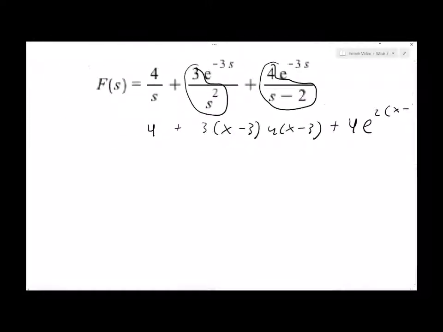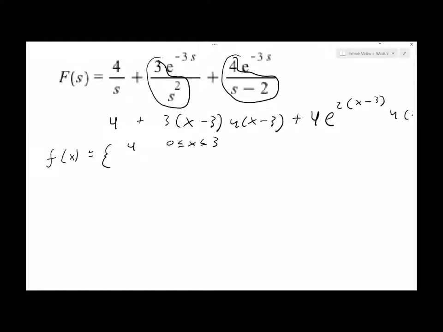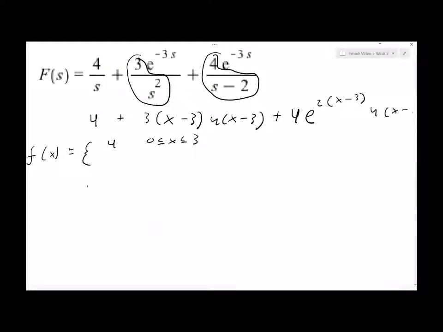And now our function is going to be 4 from 0 less than or equal to x less than or equal to 3, and then now we're just going to ignore our u's and we're going to combine.